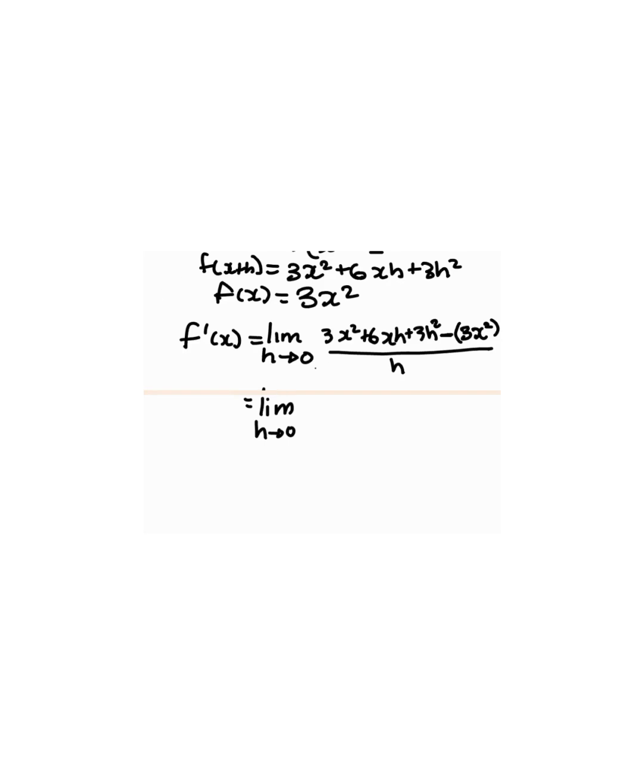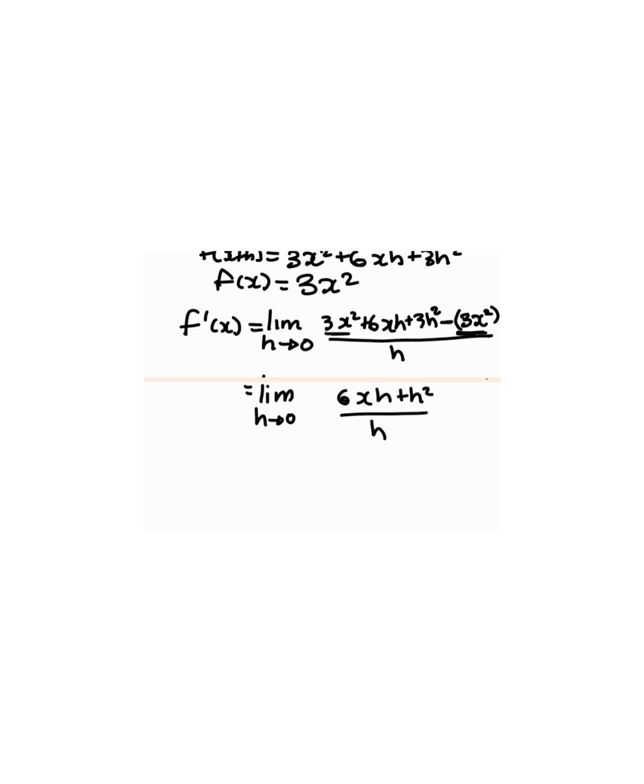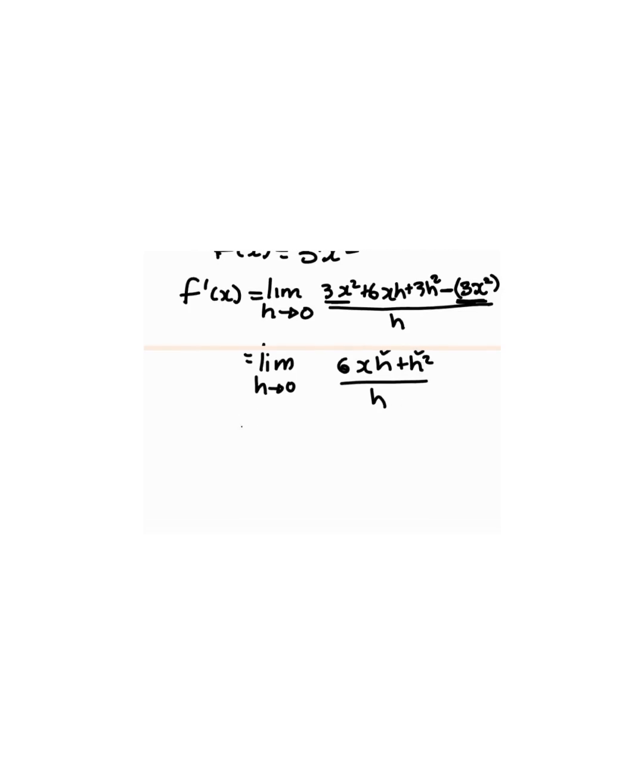So 3x squared and negative 3x squared are like terms, so they will give us 0. We'll be left with 6xh plus 3h squared over h, and then we have an h there and h, so we can take it out as a common factor.